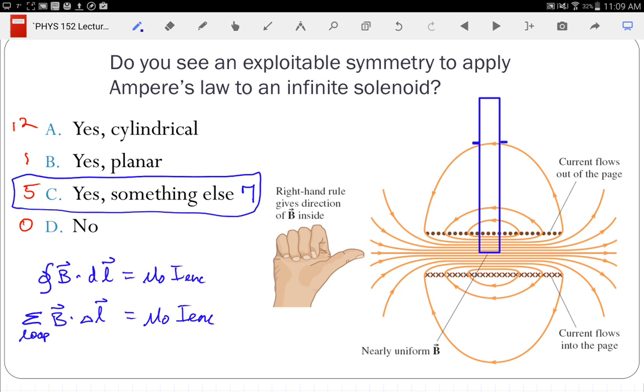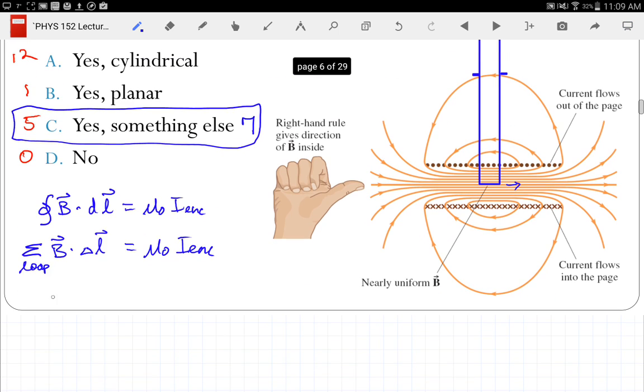What does a dot product mean? Only the parallel parts. On this loop in the center part, the magnetic field is parallel to that wire. So on the center part, I have the magnetic field in the center multiplied by whatever length. I'll just call that A.